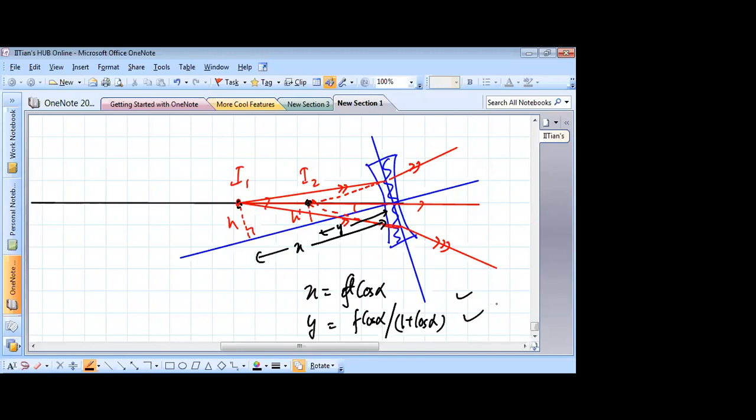These are the relations. Okay. Yeah, so cos alpha we can approximate as 1. That's why I said so it is nearly f by 2 in that case. Y is nearly f by 2. Okay, so hope this is fully clear.